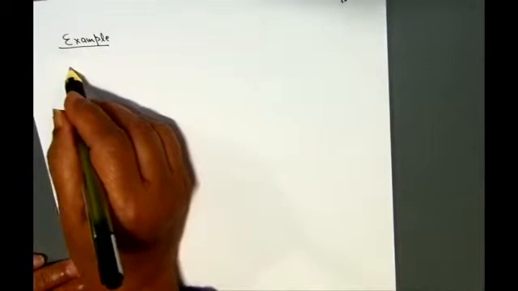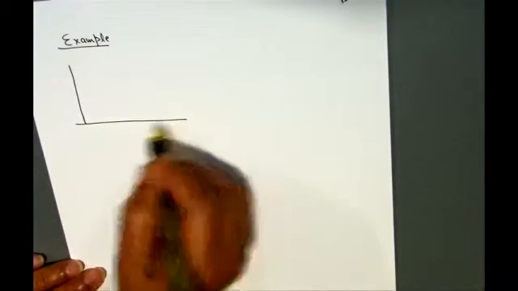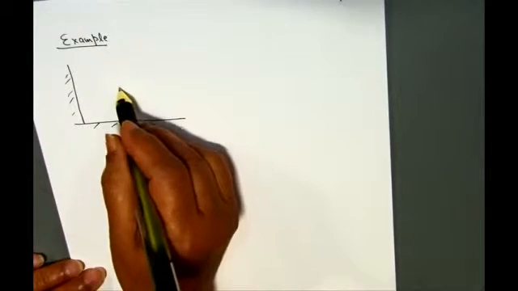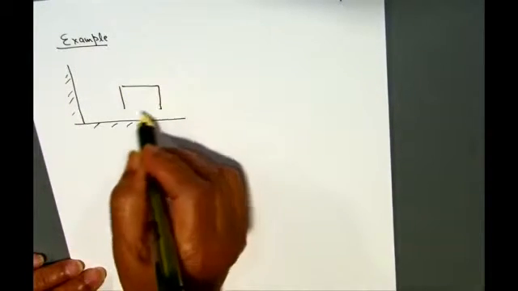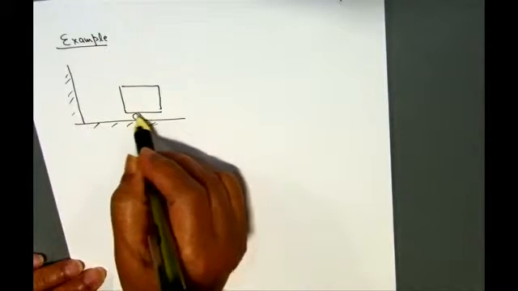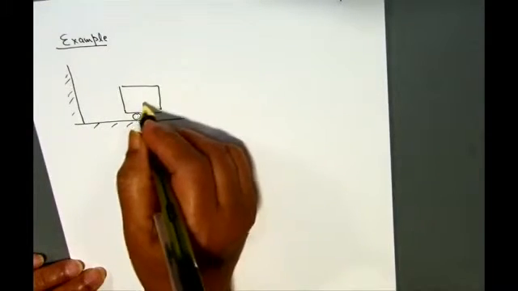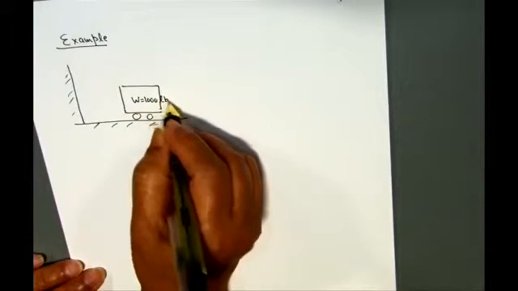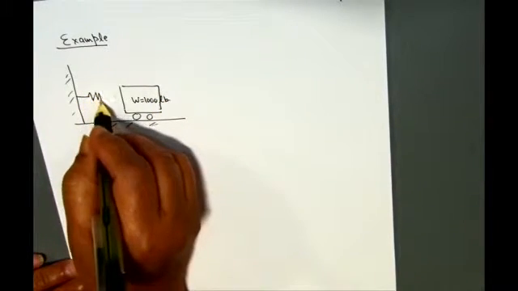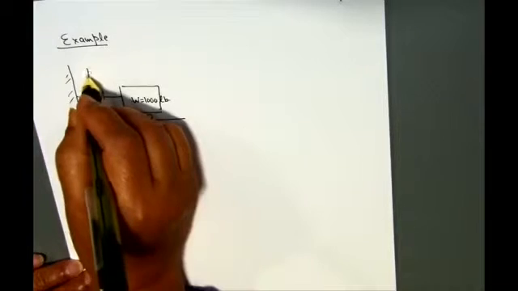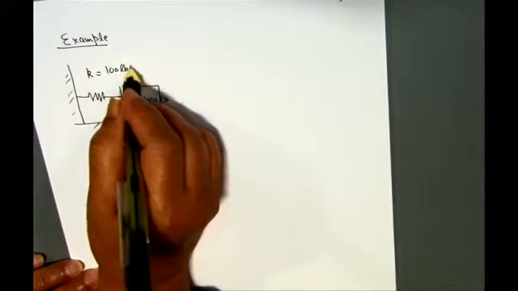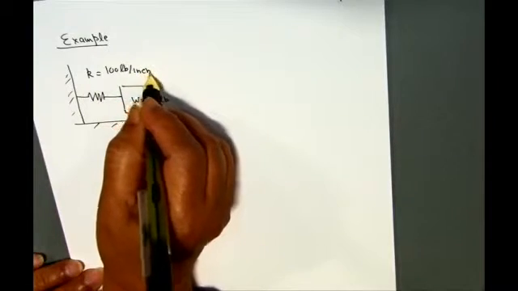So, we have a system, and it has one mass, and let us assume this mass, or weight, is 1000 pounds. It has one spring, and the stiffness of a spring is always given in pound per inch, so be careful of the units.